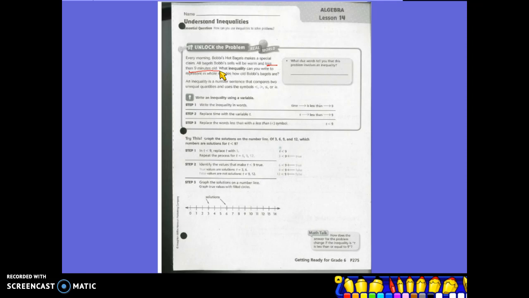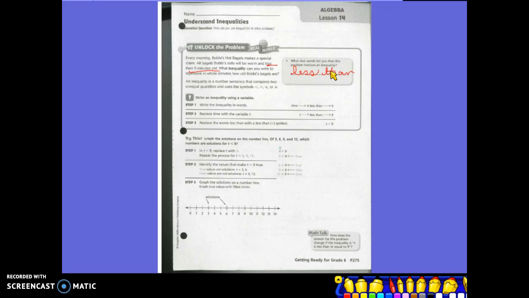So it's not saying something definite. So what words tell us? Less than. Meaning they could be 8 minutes old, they could be 1 minute old, they could be 30 seconds old, they could be 4 minutes old. We're not sure.